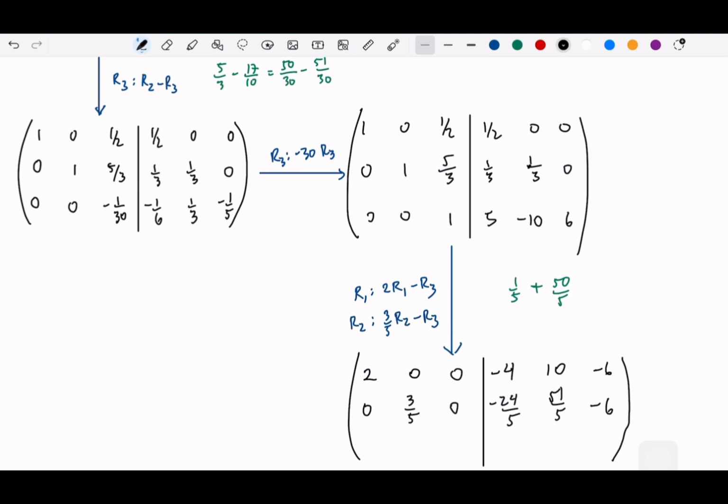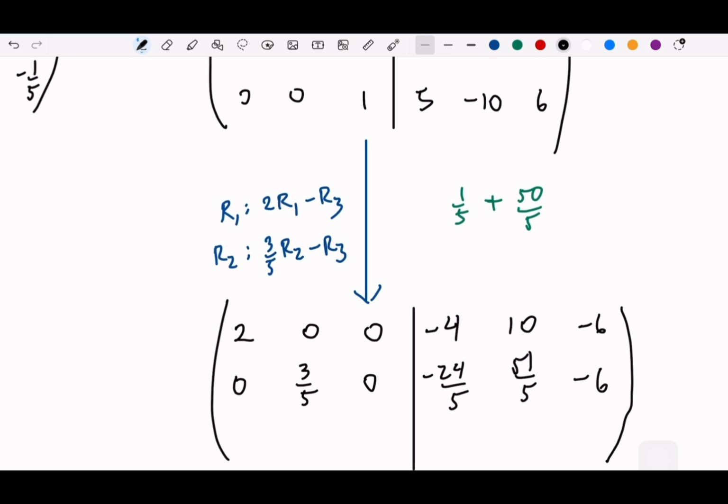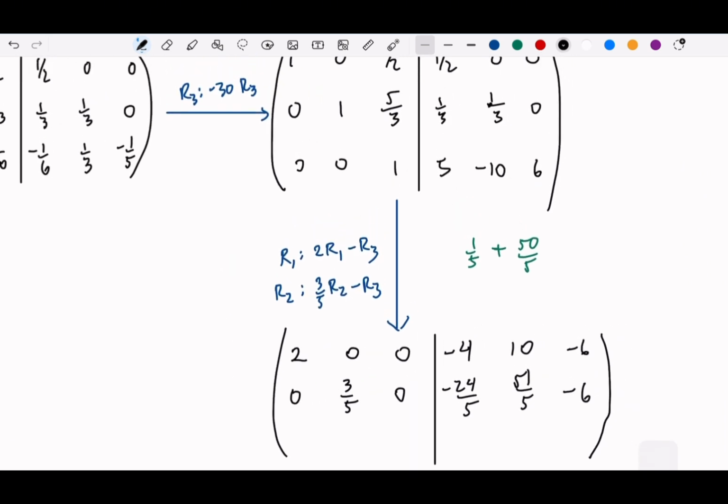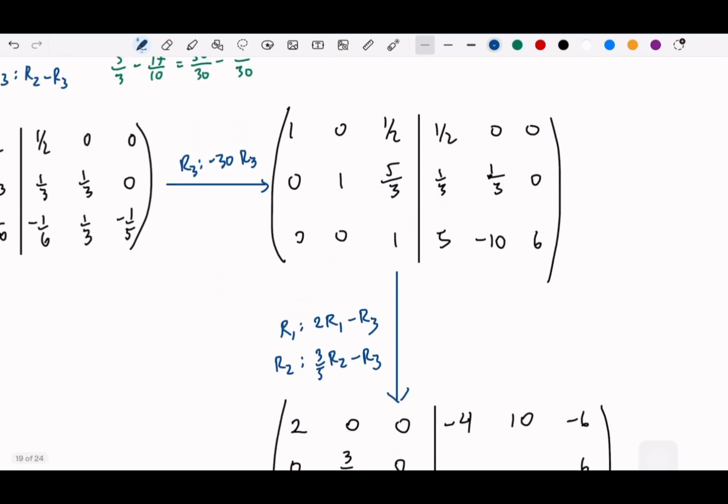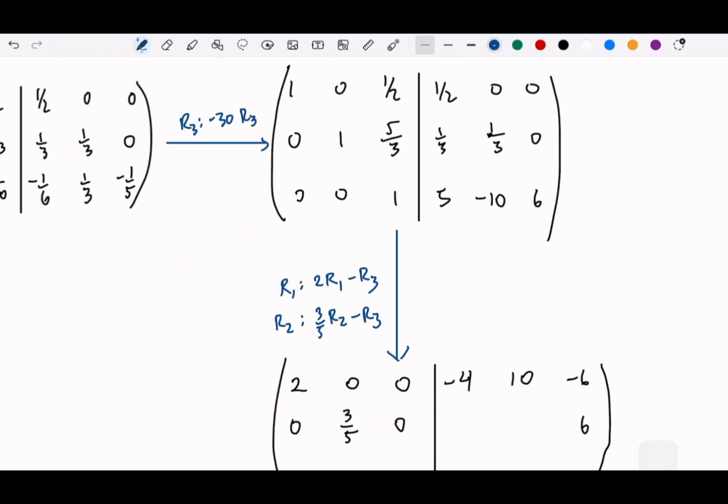Is this correct? Which one? The R2. The R2 should be 1/3. Oh, so sad. But 6. This is 6, right? Okay. So wrong. Is it 1/3? Oh yeah, 1/3. So be careful when you write.